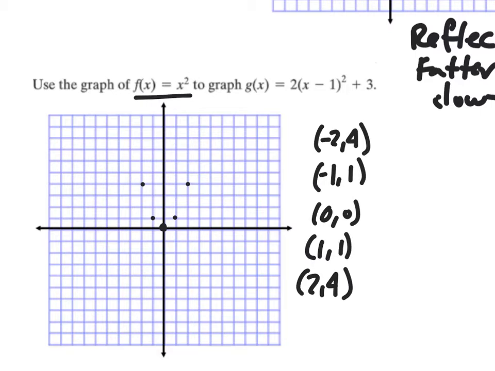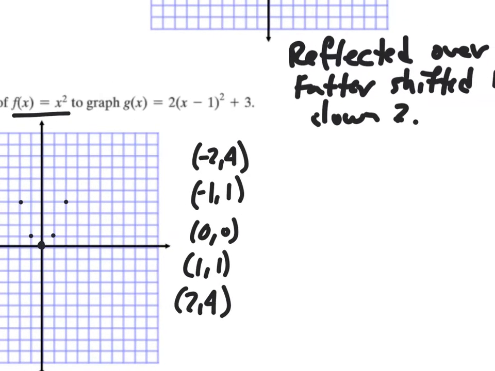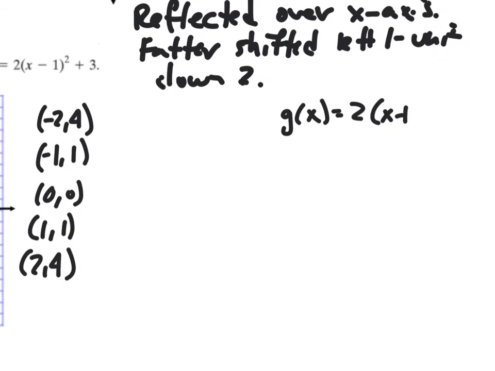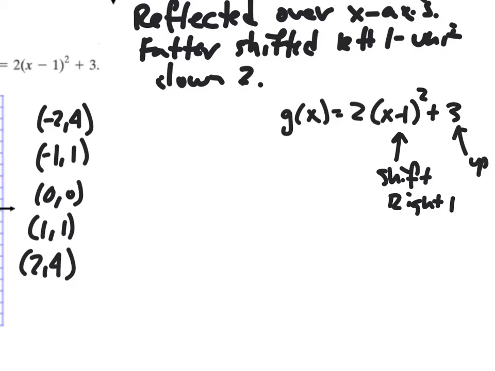Okay, so let's think about what we are doing here. If I have this rule that says g of x is equal to 2 times (x minus 1) squared plus 3, this is going to shift right 1. This is going to go up 3.